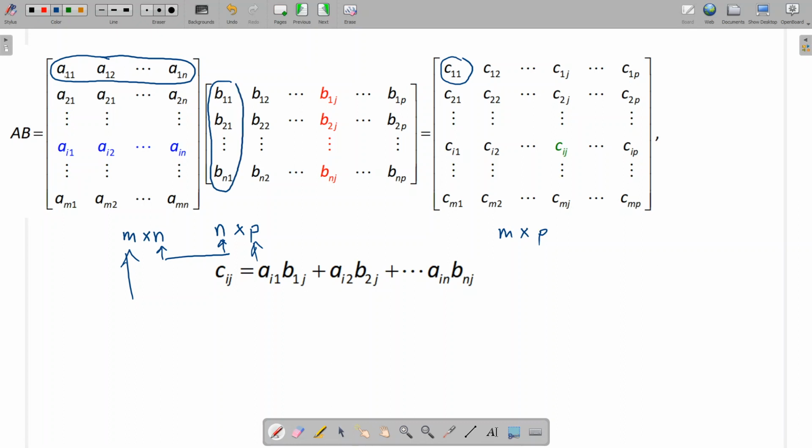So A sub 1,1 times B sub 1,1, A sub 1,2 times B sub 2,1, and etc. all the way down. That's how you get the first element. The second element would have been found by taking the first row again and multiplying it by the second column. So this multiplied by this.